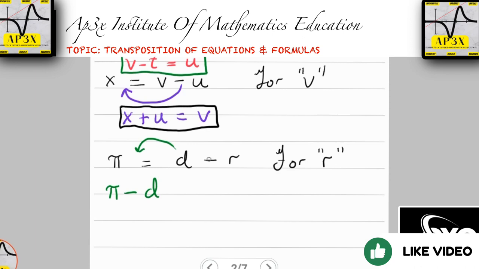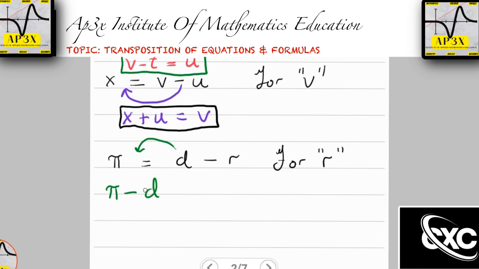So this minus sign is attached to the R. That means the D that I brought over was in fact positive D that now becomes negative D, which therefore leaves my subject negative.